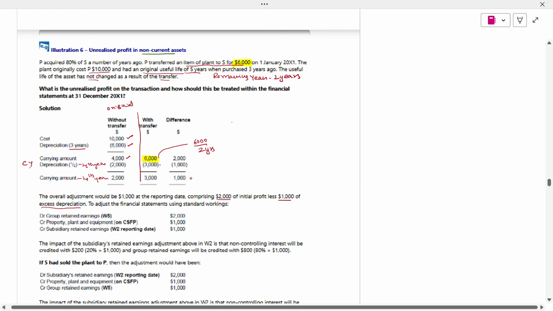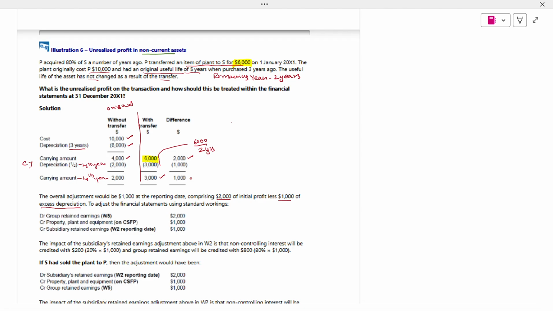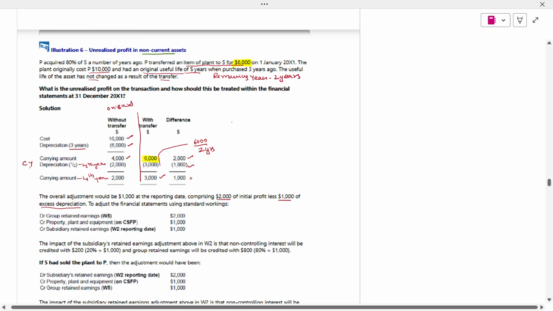The carrying amount is how much? 3,000. The difference is 2,000, the excess. We have to calculate depreciation on the revaluation amount. When you do the revaluation, you calculate depreciation on the revaluation amount. 1,000. The carrying amount is how much? 1,000.